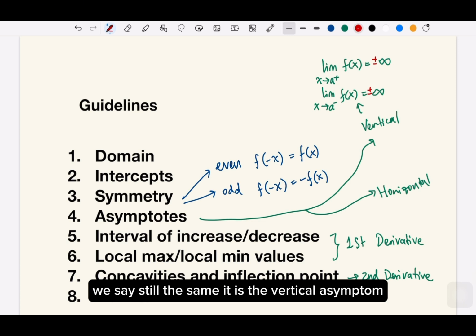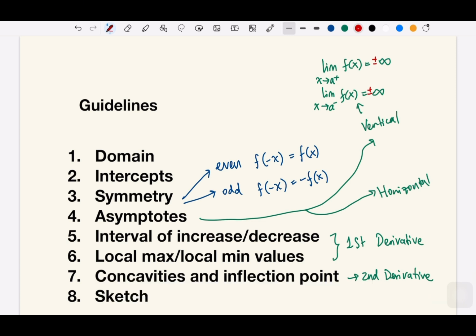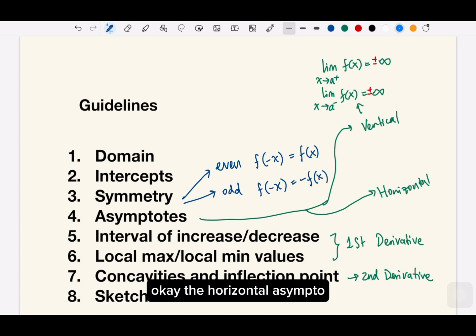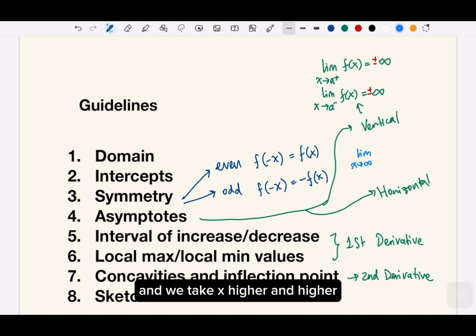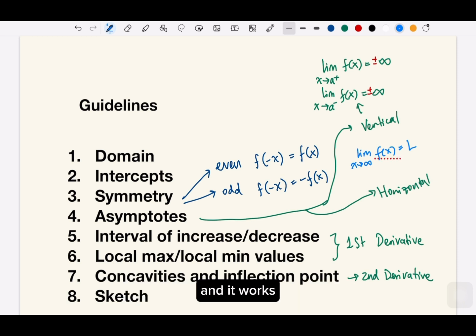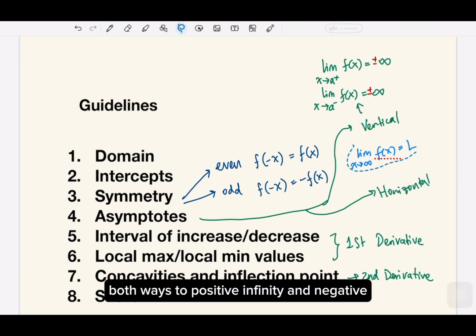It is the vertical asymptote. Okay, the horizontal asymptote, if we have a limit and we take x higher and higher, and it is getting consistent at L, then it is our horizontal asymptote. And it works both ways, to positive infinity and negative infinity.